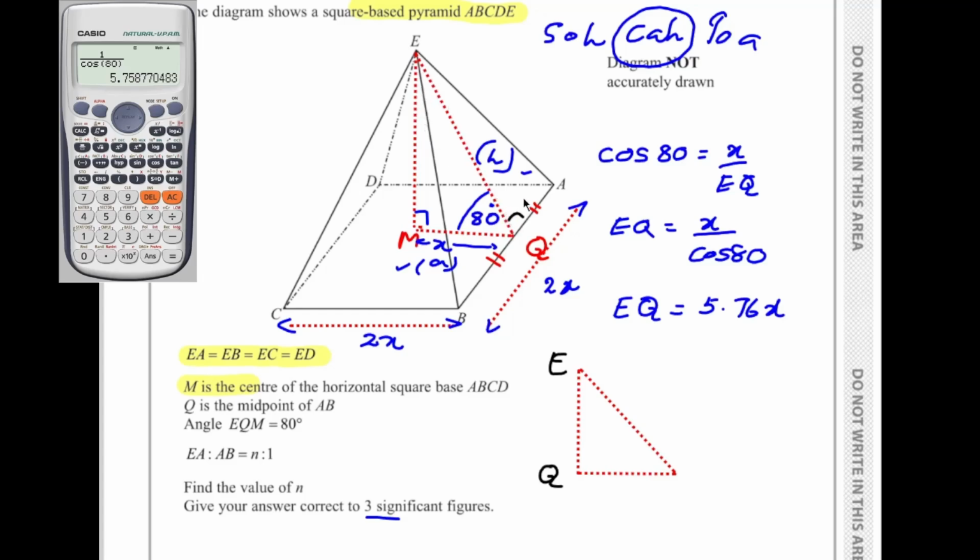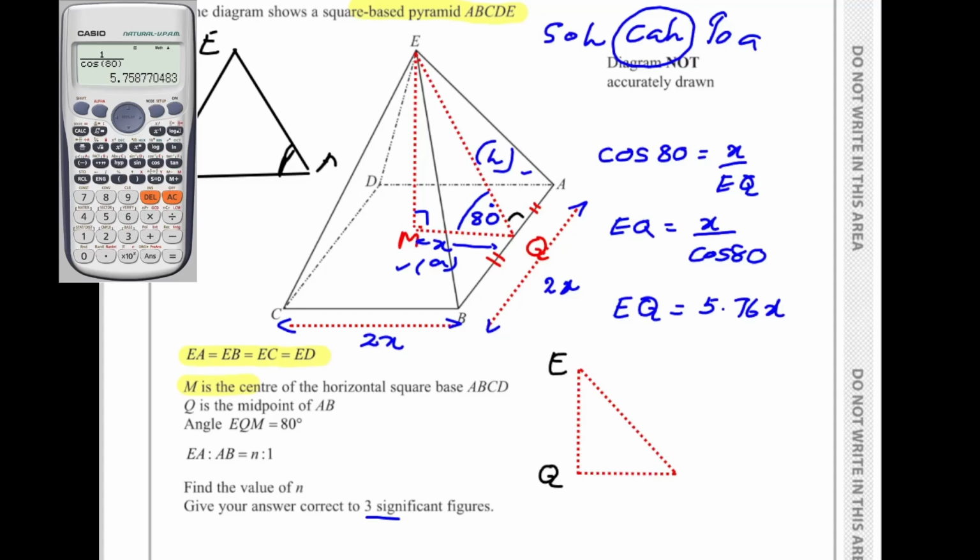If I draw this triangle separately, EAB, you can see that this angle is not 90 degrees, although it looks like it is.